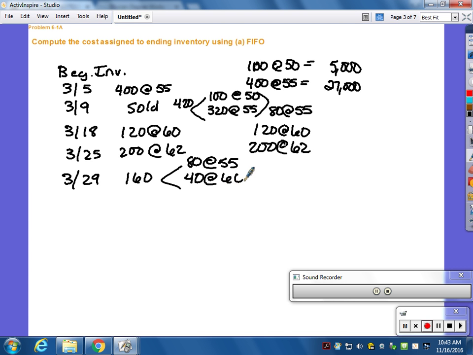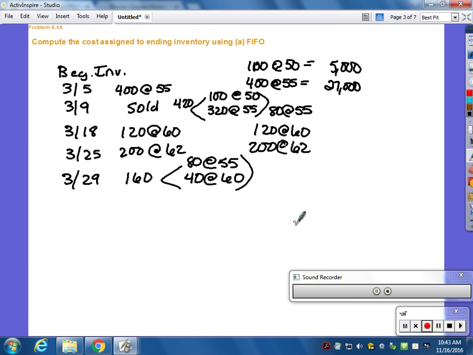So 40 at $60, which means you have ending inventory of what? You said they took 40 at $60?